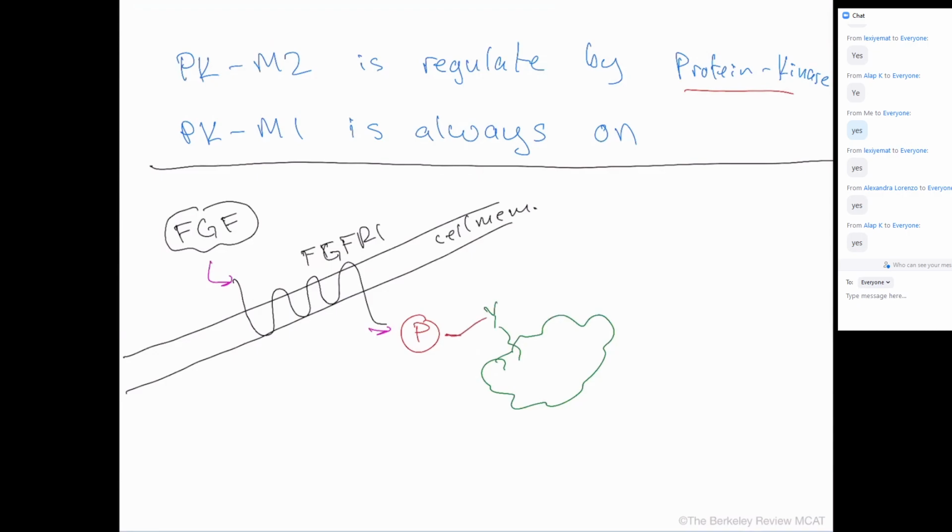So if you mutate this enzyme, and so it does not have this tyrosine, it's replaced by an F, you're not going to have it phosphorylated. So now you have to ask yourself, is this enzyme active when it's phosphorylated or not active? And what's the answer?